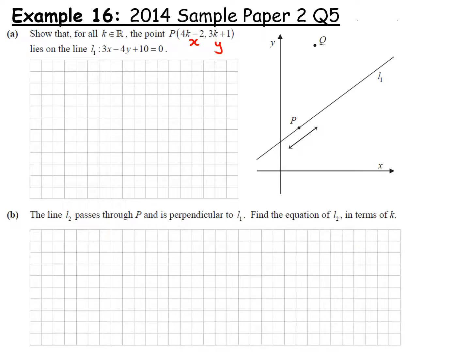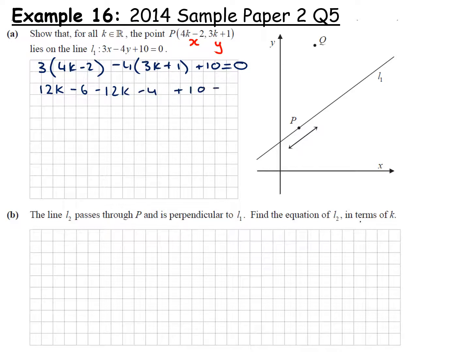So what we're going to do is we're going to sub in 3 times, instead of x, I'm going to put in the 4k minus 2. And then minus 4, instead of y, we're putting in 3k plus 1. Then plus 10 equals 0. So multiplying that out, 12k minus 6 minus 12k minus 4 plus 10 equals 0.